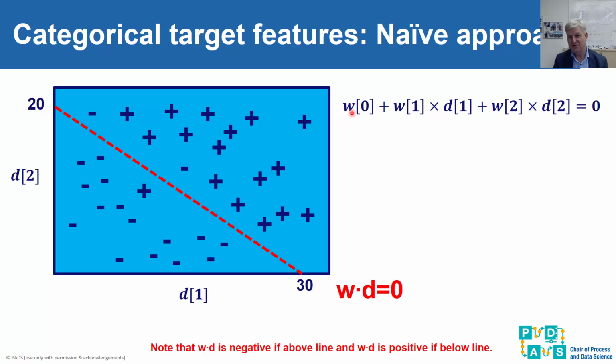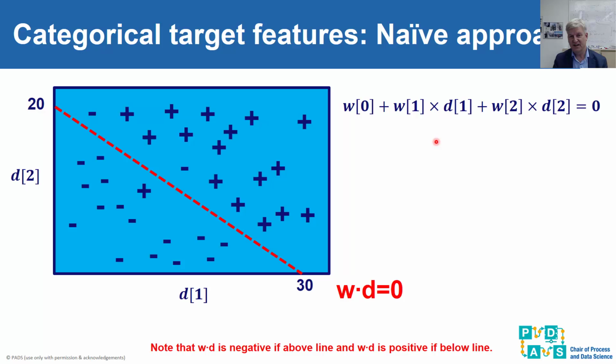So we have W0 times D0. And note that by convention, we say that D0 is equal to 1, something that I explained earlier. Then we have W1 times D1, W2 times D2, and we are looking for the values when this product is equal to 0.